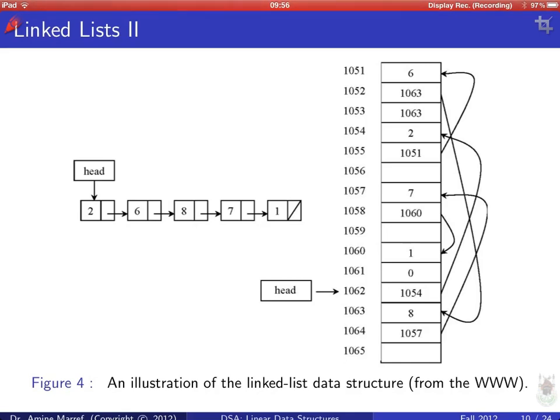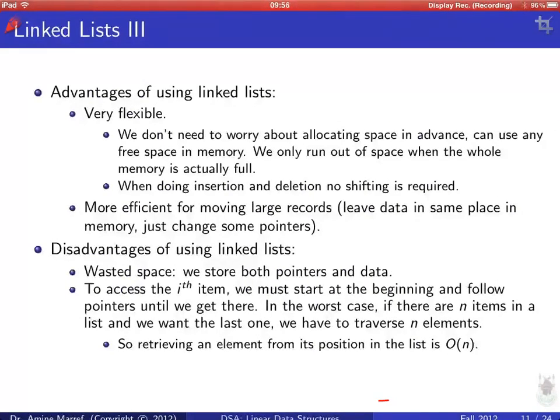So A points to B, so A is going to store 300, which is the address of B. B points to C, so B is going to store here 100, and C points to D, so C is going to store 400. D doesn't point to anything, so let's say there is something like -1 here to signal the null pointer.